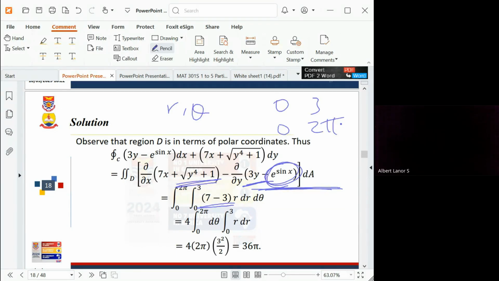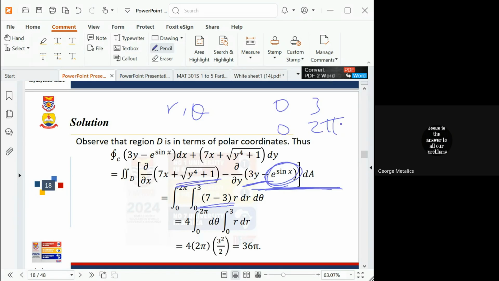I didn't get your question. Yeah, the original function that is given, the 3y minus e to the sine x was for that of the function of x, and the 7x plus y to the power 4 plus 1 was for y. But when we want to integrate, we switch that of y for x and that of x for y.